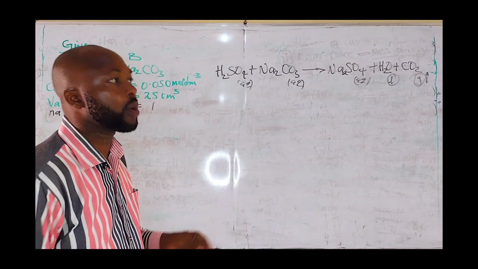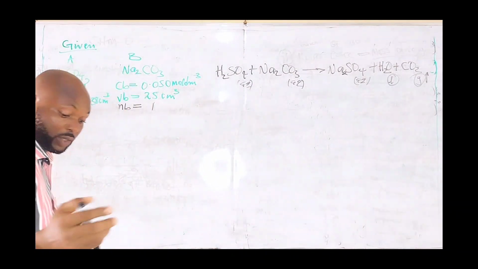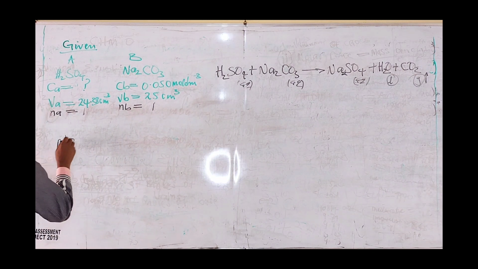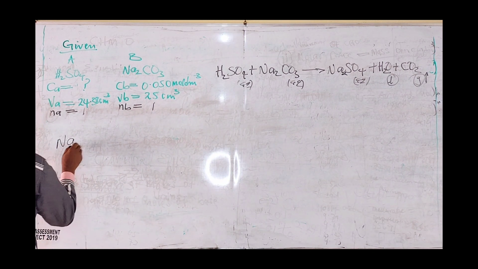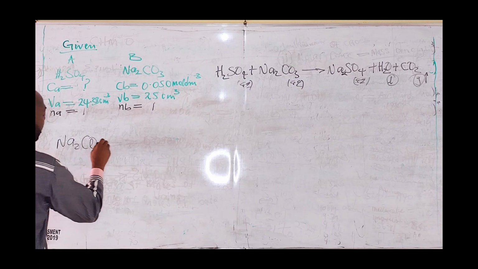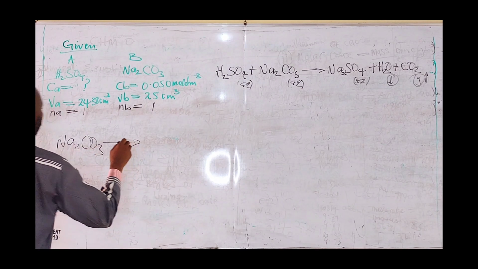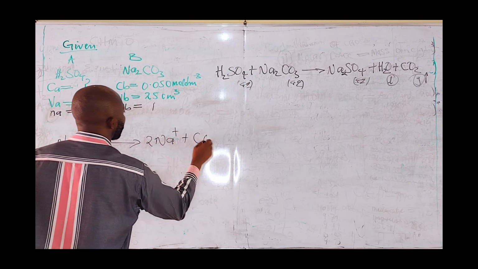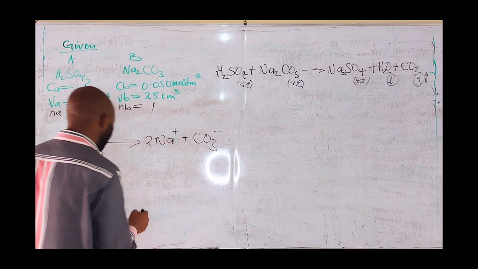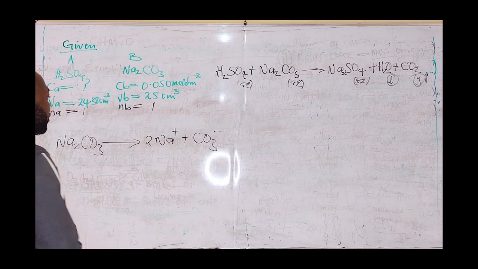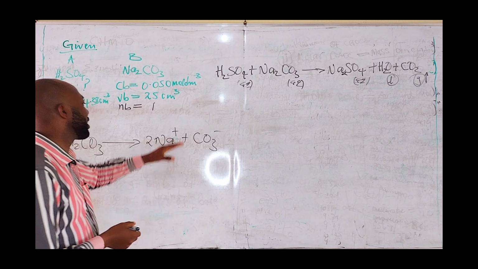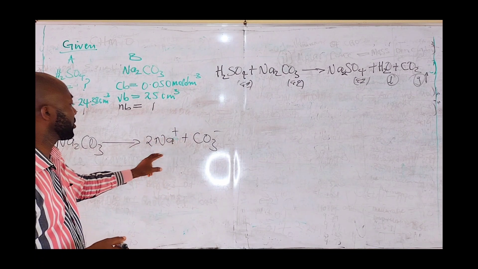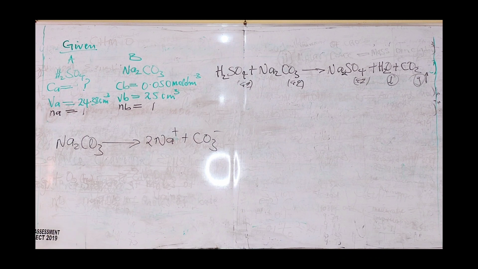They are looking for the mass. The other one was the amount, which is mole. So first of all, we have to write our Na2CO3. This will give us 2 Na+ plus CO3 2-. Now, we are looking for the mass, but first of all, let me get the amount of this one. So from there, I can proceed.